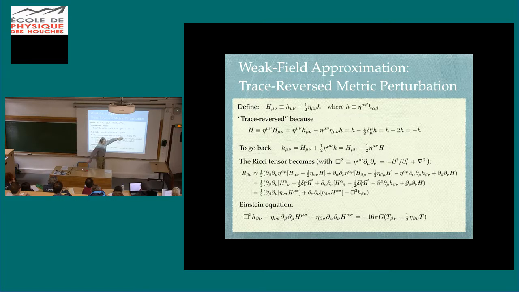It's just the double partial derivative summed over the flat space metric. So it's minus double derivative with respect to time and plus double derivatives with respect to the spatial components. You're familiar with that operator. Okay? And so I plug in what the Ricci tensor is, and I'm going to drop higher order terms, and these terms cancel. And so this becomes what the Ricci tensor is. So my Einstein equation becomes this.